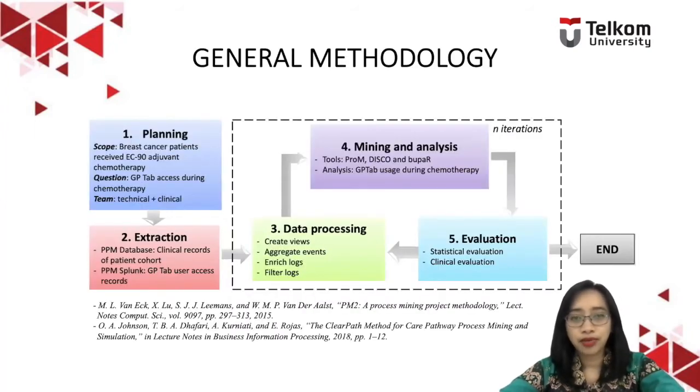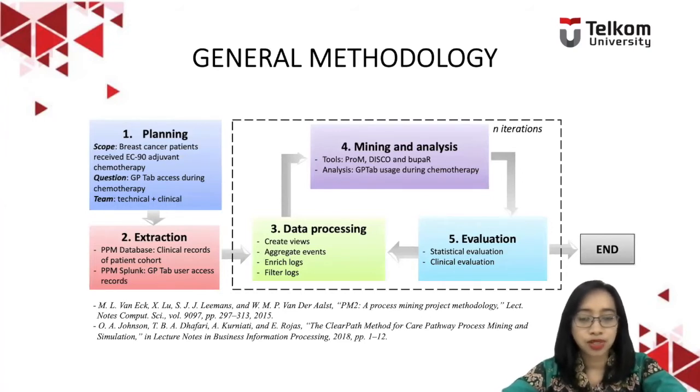In this study, we followed the process mining project methodology that originally had 6 stages, but we excluded the last one because we cannot apply our findings to the real settings in the hospital. So we have 5 stages instead. The first one is planning, the second one is extraction, and then we have several iterations of data processing, mining and analysis, and evaluation.